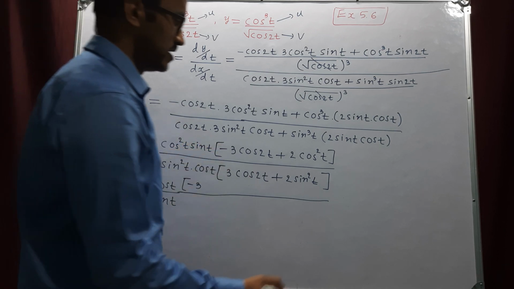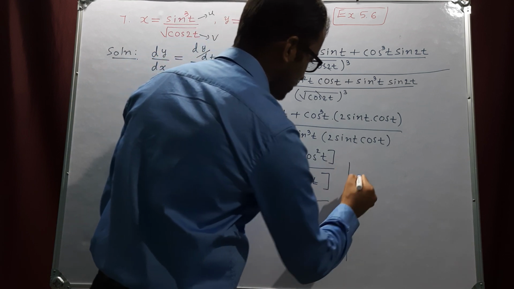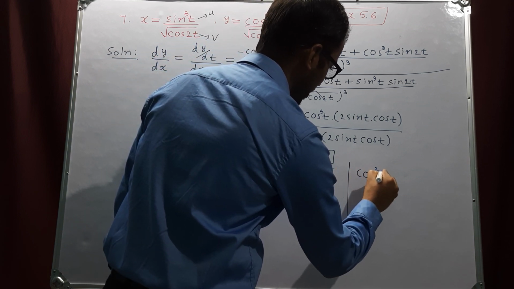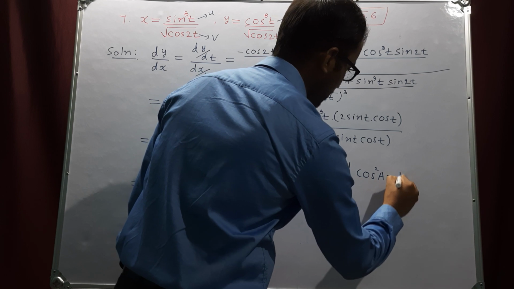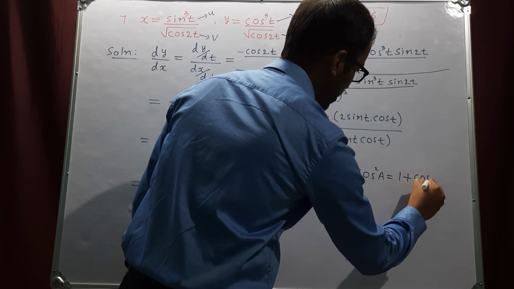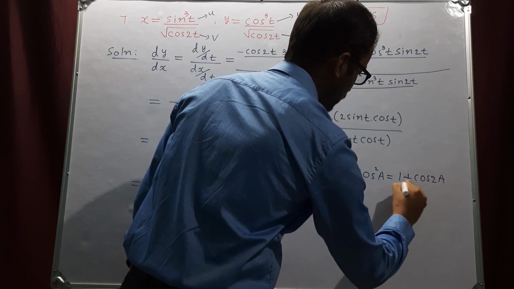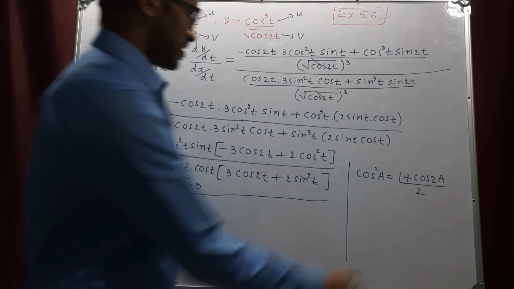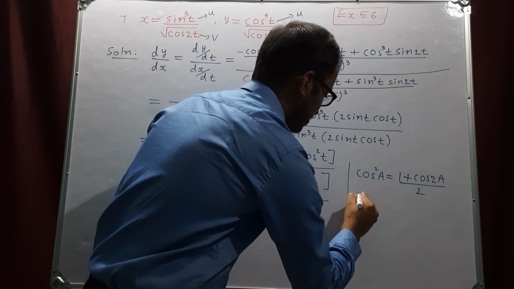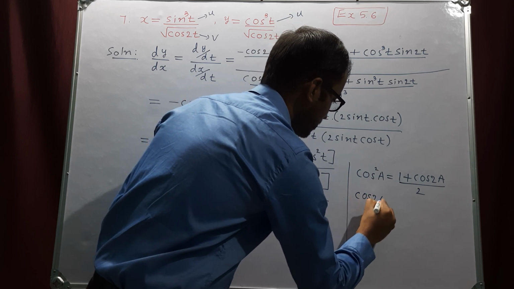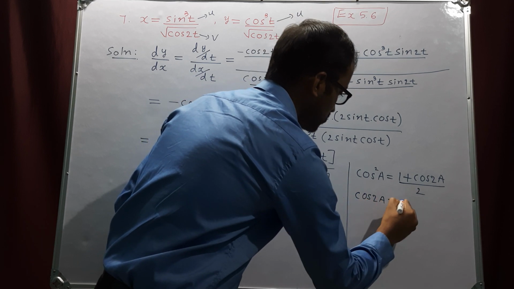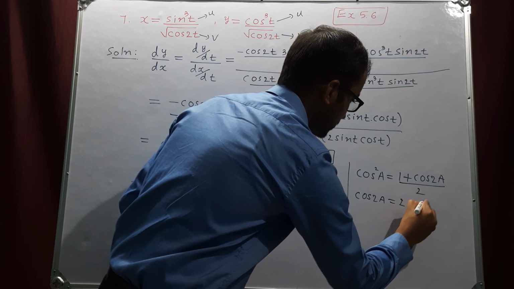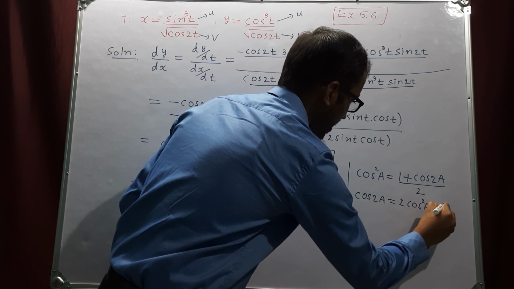So we know that cos square a is nothing but 1 plus cos 2a by 2. So our cos 2a can be written as 2 cos square a minus 1.